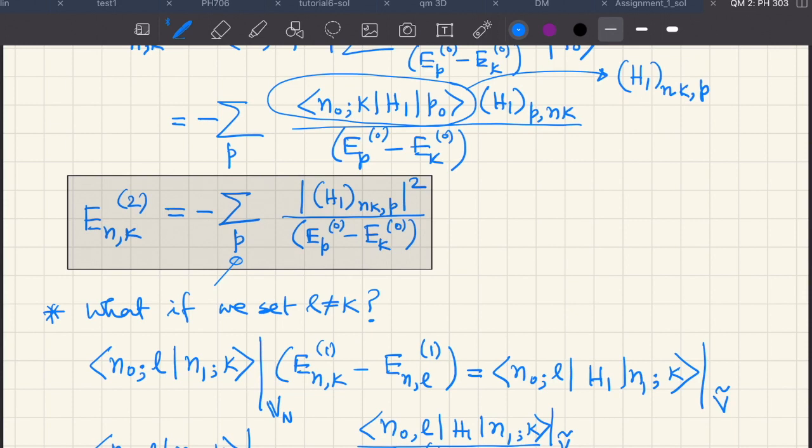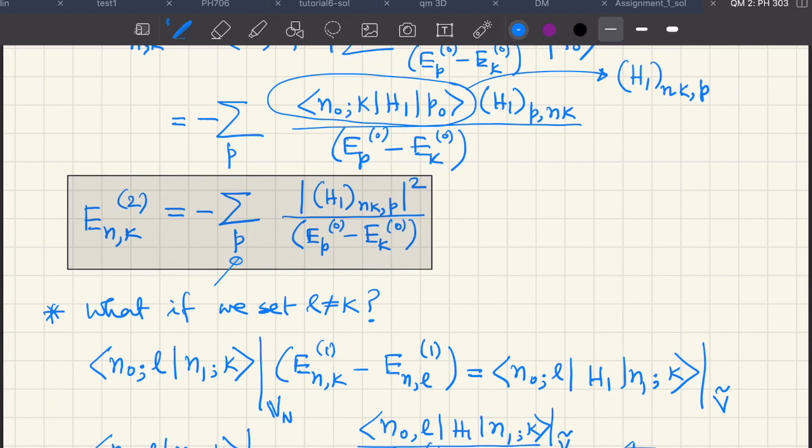This equation would not have given a sensible result had the degeneracy not been broken at first order, because then we could not have set K not equal to L at all. So it was a requirement that all the degeneracy has been broken at the first order. Otherwise, one will not be able to compute the state in this manner.